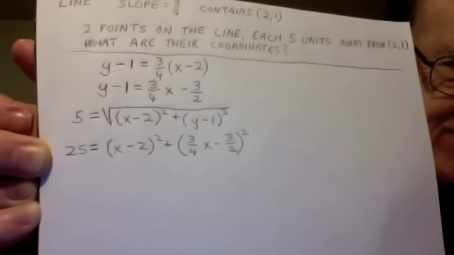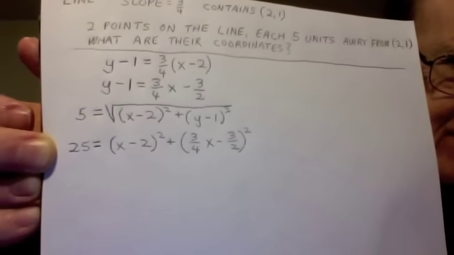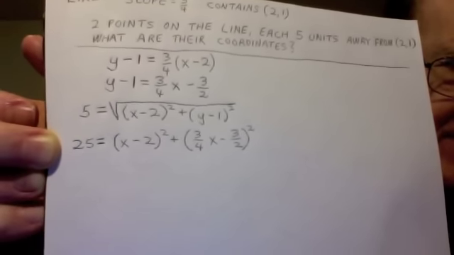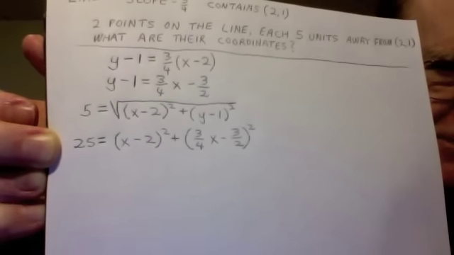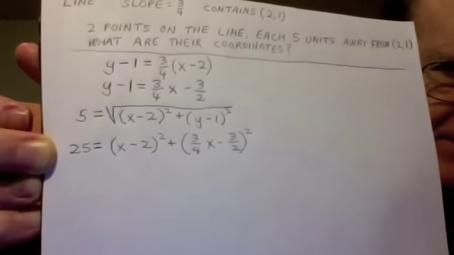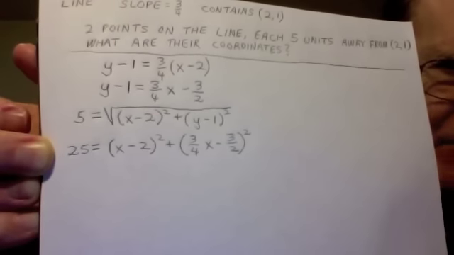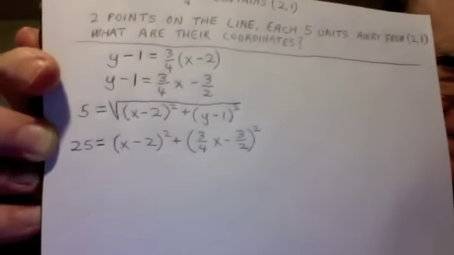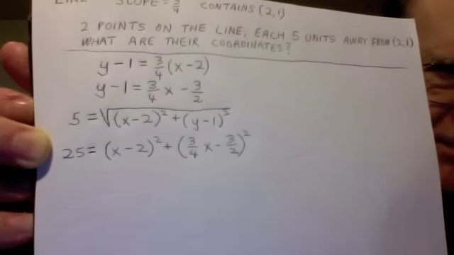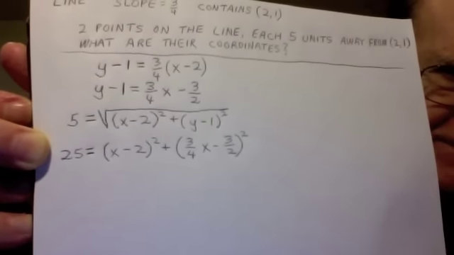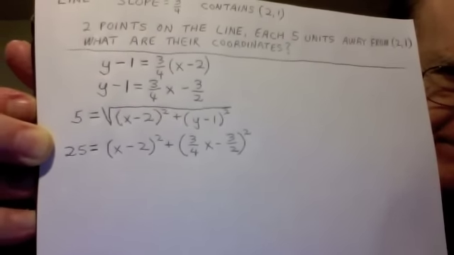But now I square both sides of that equation, which makes the square root sign disappear on the right side, and I have 25 equals (x minus 2) squared plus, and in place of y minus 1, I substitute what I have right here, (3/4 x minus 3/2) squared.